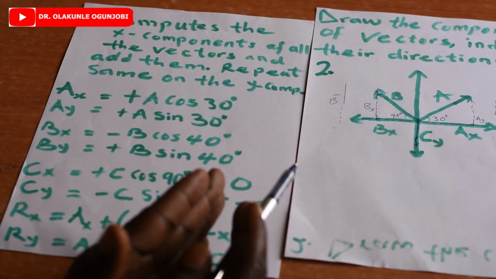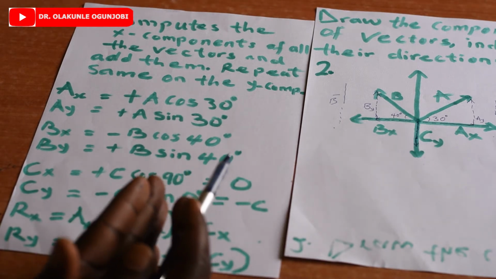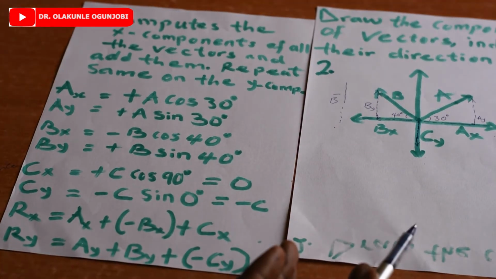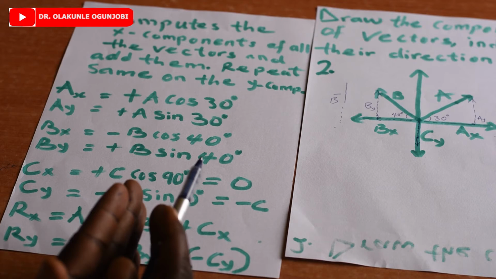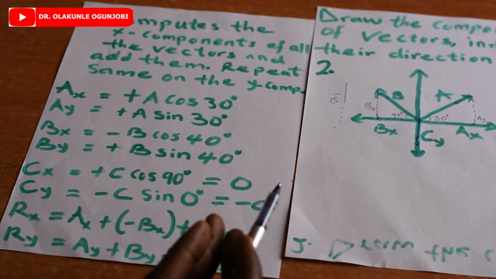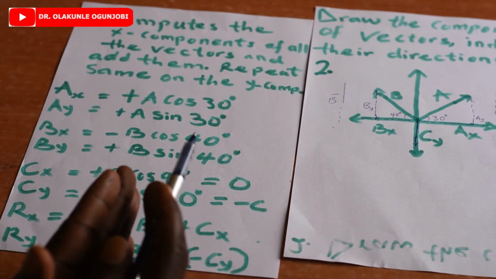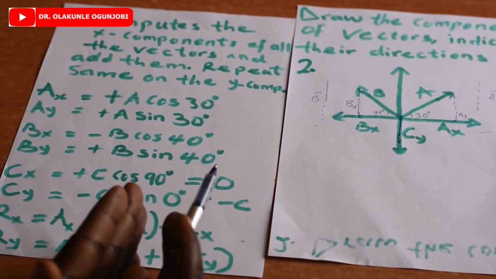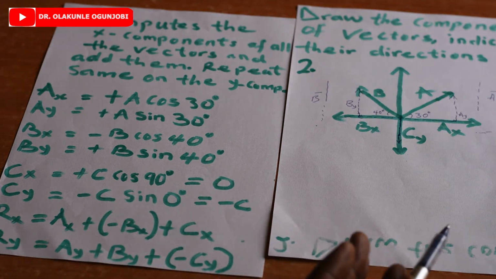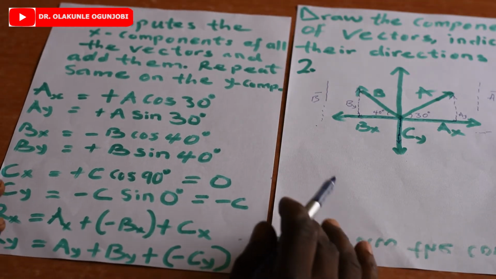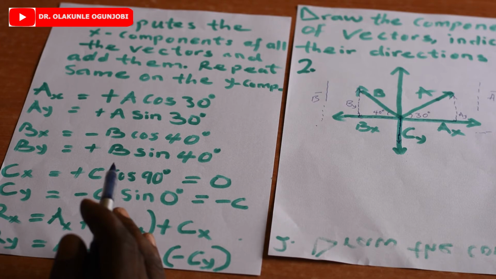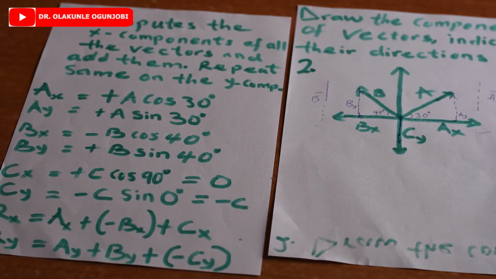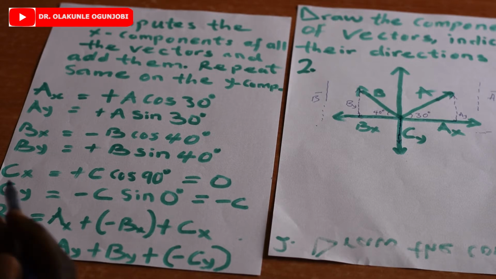Invariably, you can have the x components resolved, that is, you have ax and bx. That is for the x component. You can have ay and by, and that is for the y component. Or you follow it through this way.